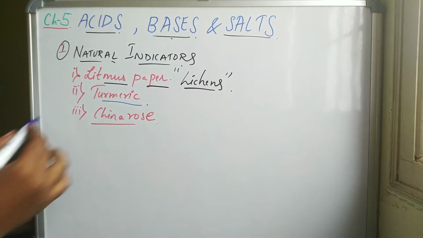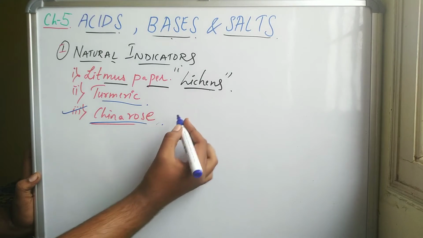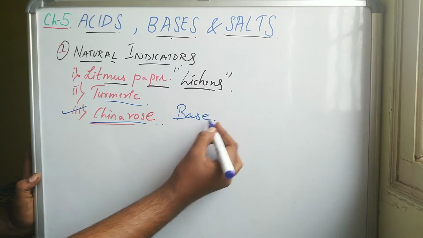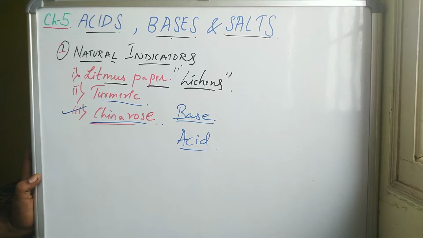So moving on to the third one, that is the last natural indicator, China rose. If you take a base substance and an acid substance, which color does it show?